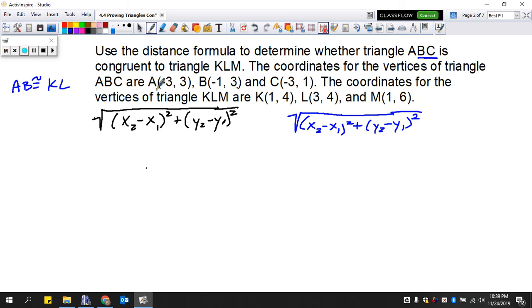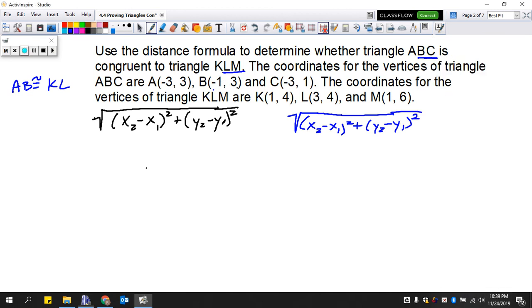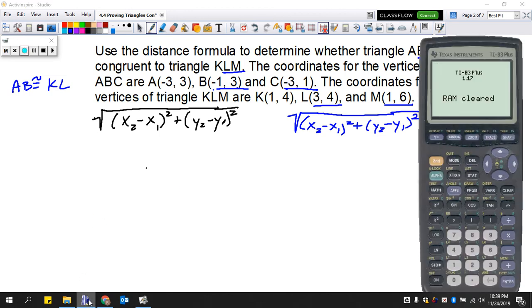BC is (-1, 3) and (3, -1). LM is (3, 4) and (1, 6). So we just plug it in, clear it out.